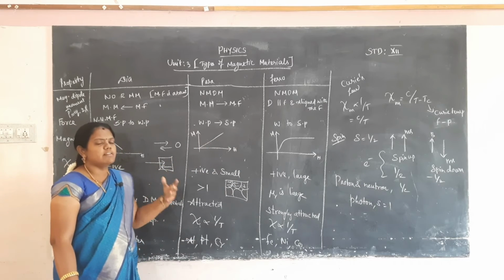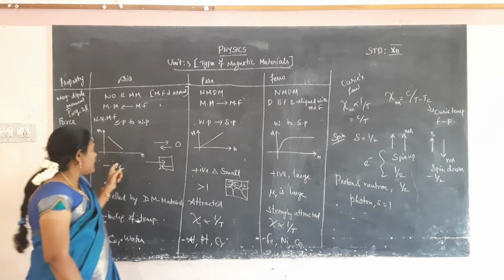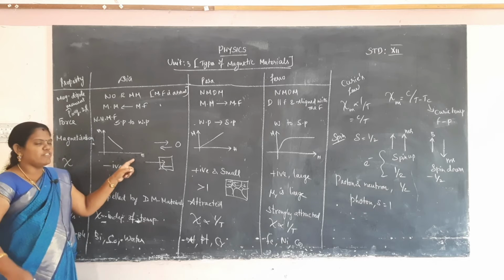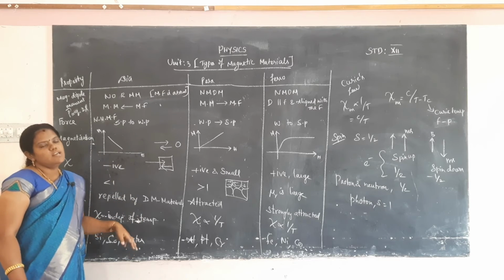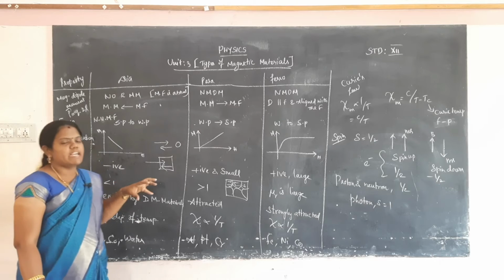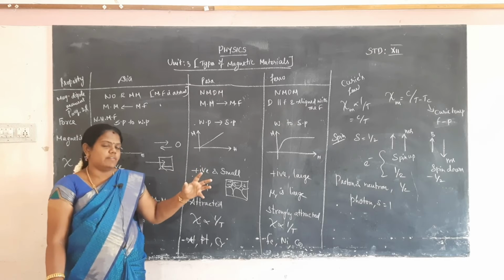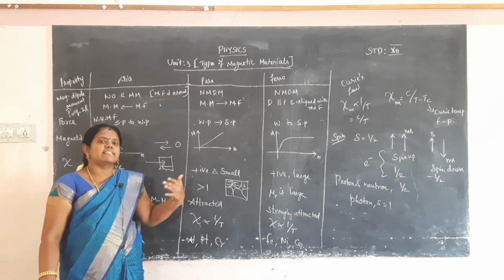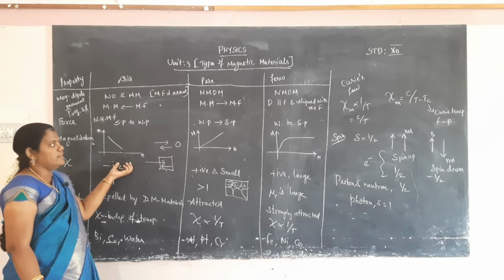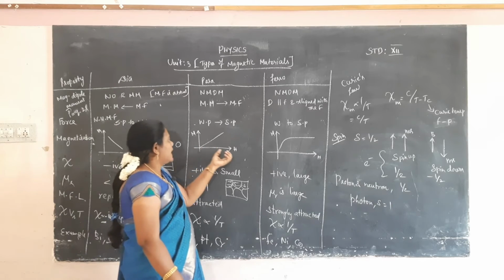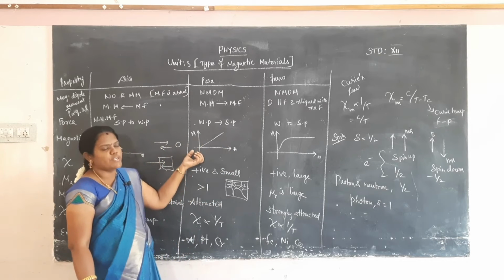But in diamagnetic material, as the magnetizing field increases, the magnetization decreases. So when the magnetizing field is applied instantly, the magnetization is higher, and as we increase the magnetizing field, the magnetization is easily reduced in diamagnetic material. But in paramagnetic material, as you increase the magnetizing field, the magnetization also increases.